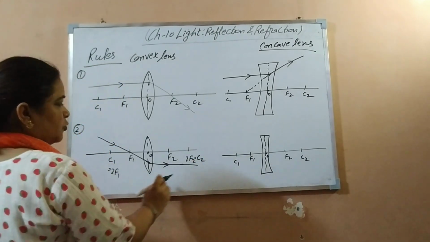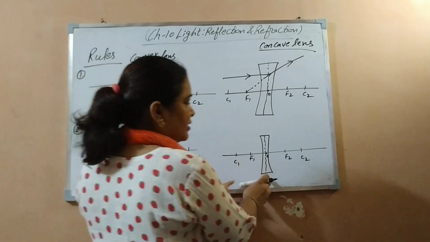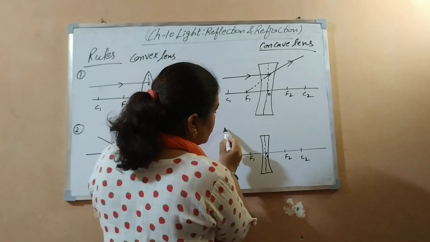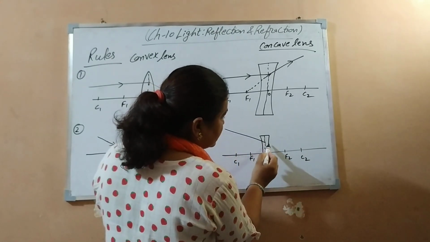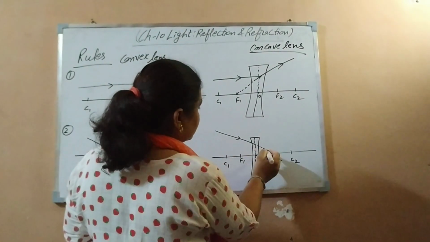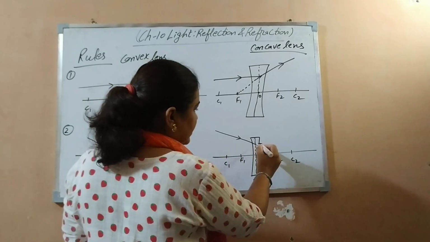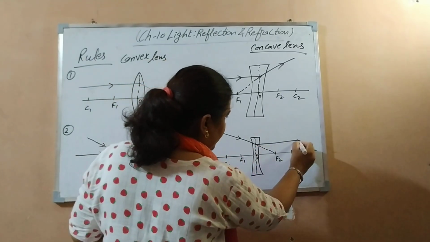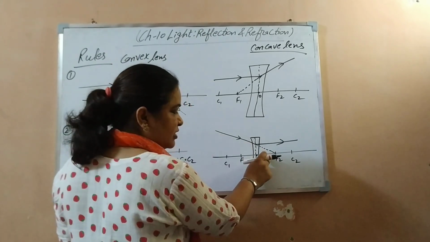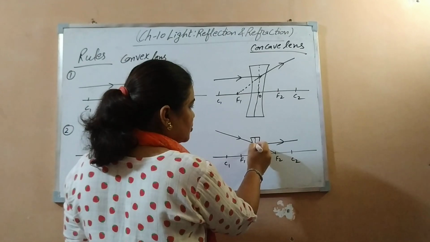And in case of a concave lens, if a ray appears to meet at the focus of the concave lens, then after refraction it is parallel to the principal axis. If a ray is directed towards the focus of the concave lens, then after refraction it is parallel to the principal axis.